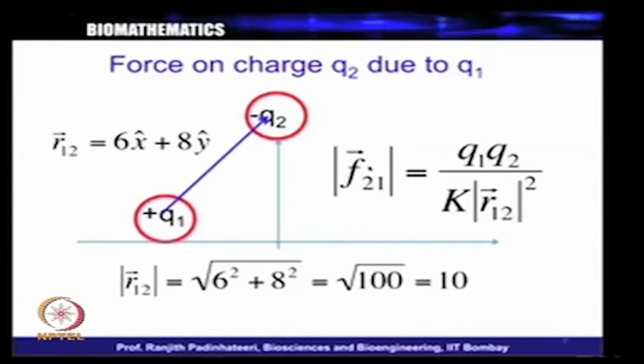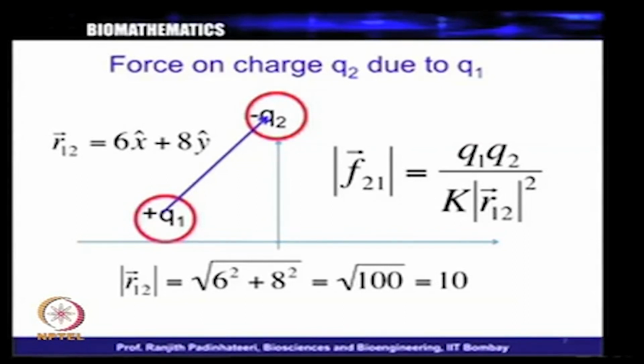So, mod F21 is q1 q2 by k into mod r12 squared, 10 squared, which is 100. So, essentially q1 q2 by 100k is the magnitude of this vector. That is the force, the magnitude, how much force this q2 will feel is q1 q2 by 100k. If you know q1 and q2, this is the force.